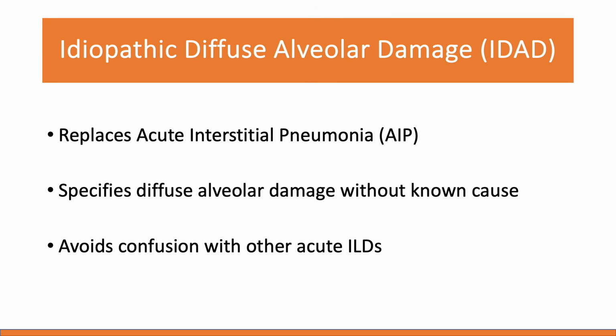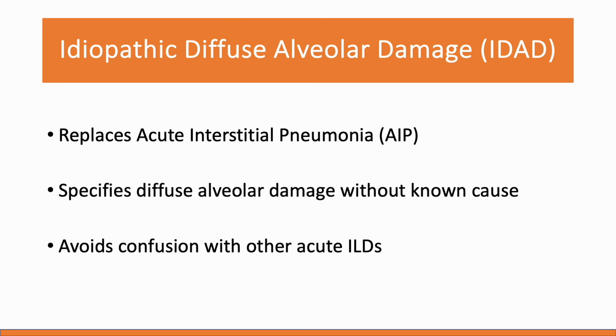Now, this term AIP, which was earlier used, was also quite imprecise. So now, this pattern of lung injury, which has both acute and organizing phases, is better described according to the newer 2025 guidance. Idiopathic DAD is a very severe and acute manifestation.